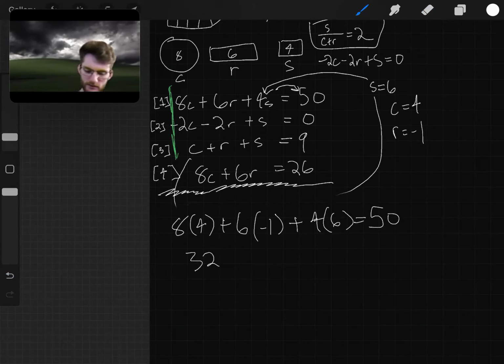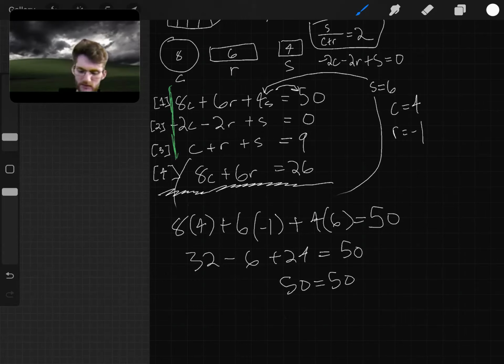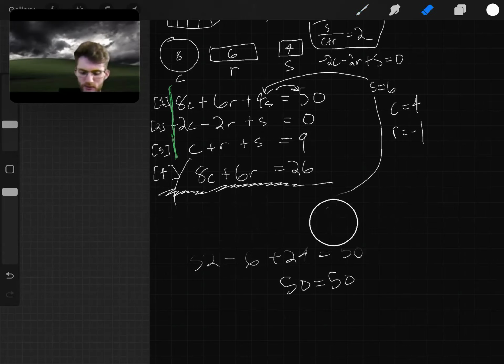So this is 32 minus 6 plus 24 equals 50. 32 minus 6 equals 26. 26 plus 24 equals 50. So this solution satisfies equation 1.